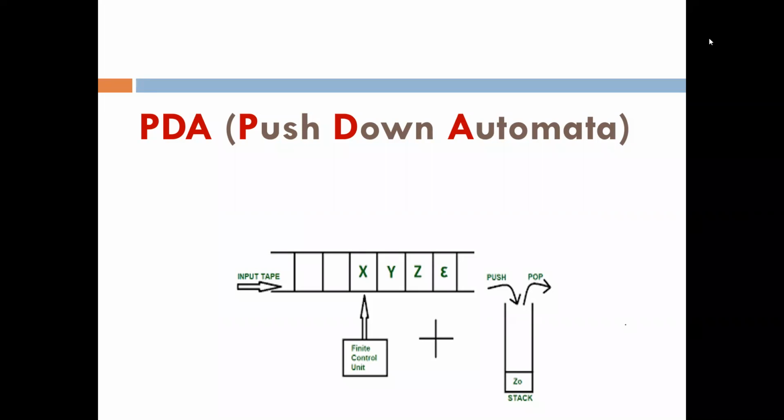At the time of DFA, as I already told you, any machine is represented only by two things. First is the model, and second one is the tuple or mathematical representation. So in case of DFA, as you already know, DFA can be defined with the help of 5 tuple, right?